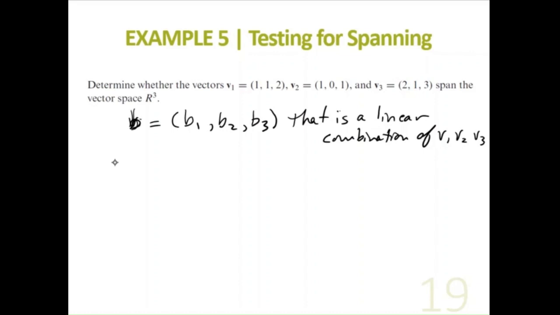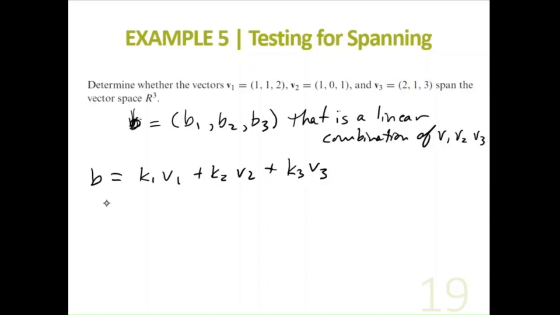So just like in example 4, we would express these as a linear combination. Here we'd have that b equals k1 v1 plus k2 v2 plus k3 v3.